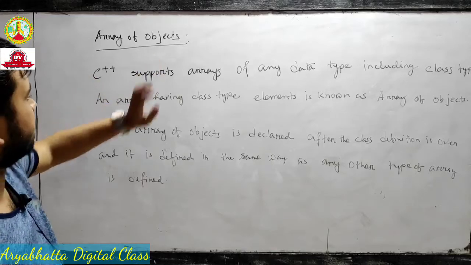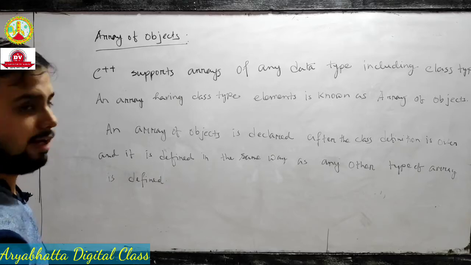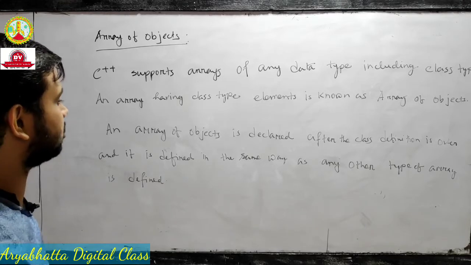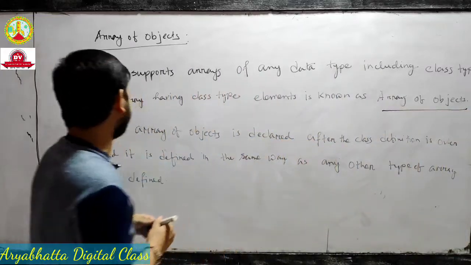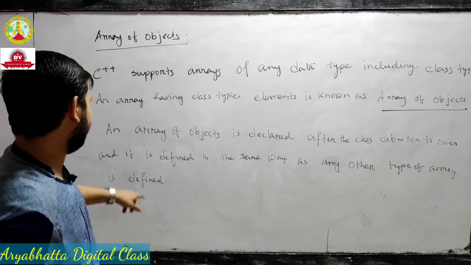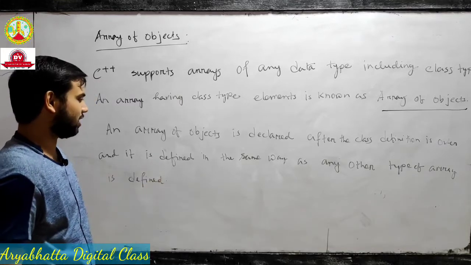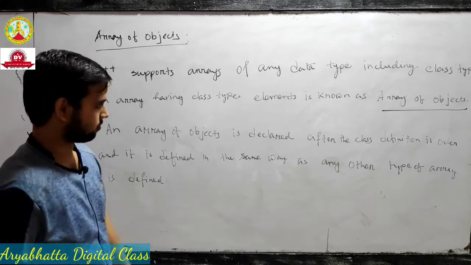C++ supports arrays of any data type, including class type. An array having class type elements is known as what? Array of objects. An array of objects is declared after a class definition is over, and it is defined in the same way as any other type of array is defined.